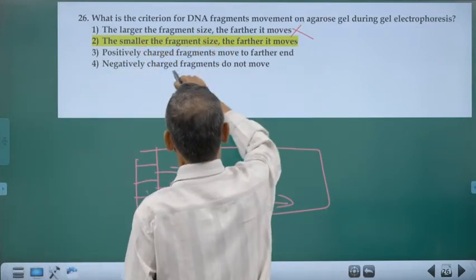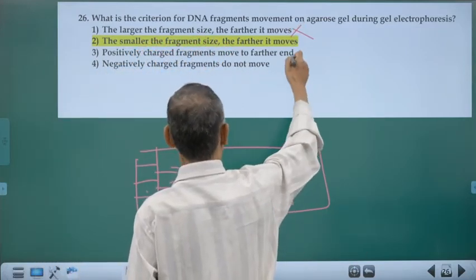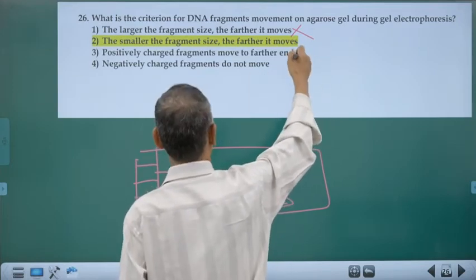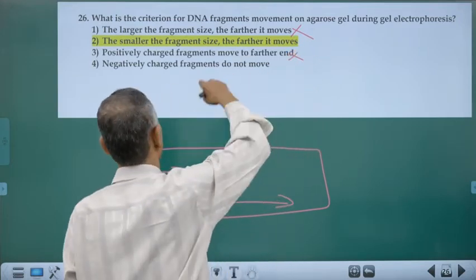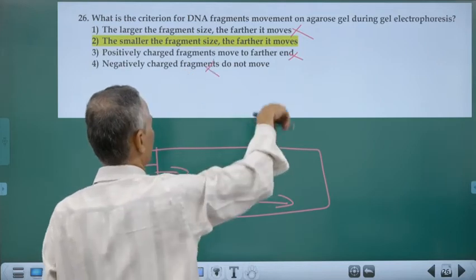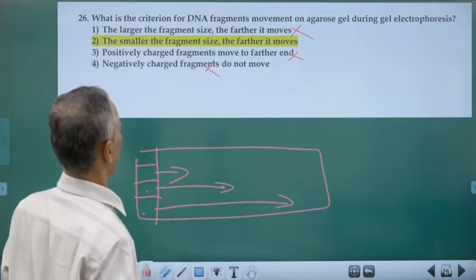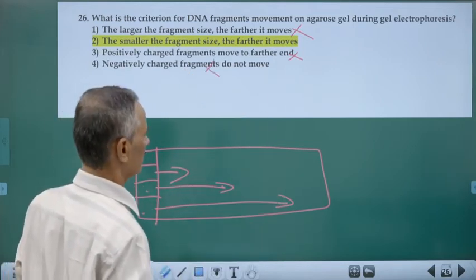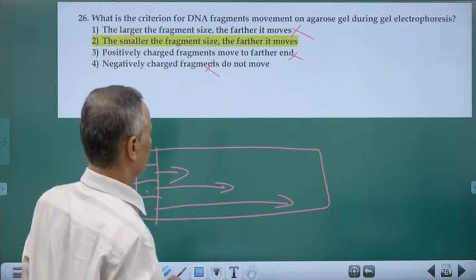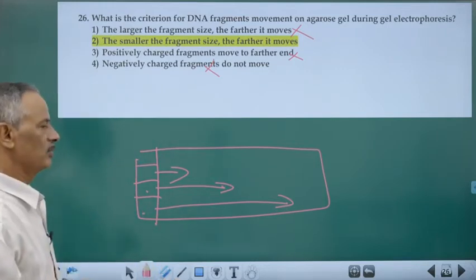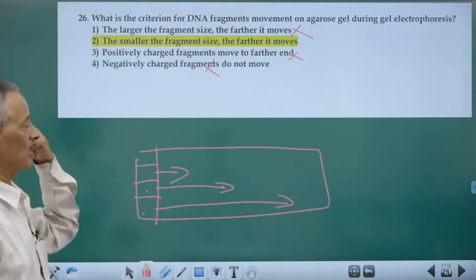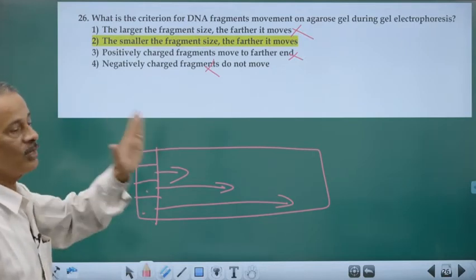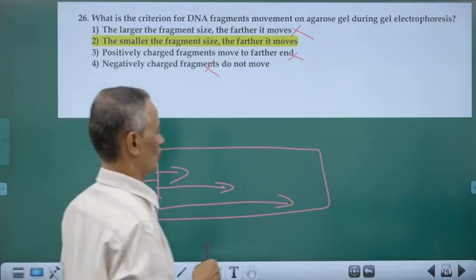No. Positive charged fragments move to the farther end? No, all of them are negatively charged, which is not positive. Negative charged fragments do not move? No, it is not like that. All nucleic acids and their fragments are negatively charged. They are acids, so they have negative charge. That's why they are all moving towards the anode.